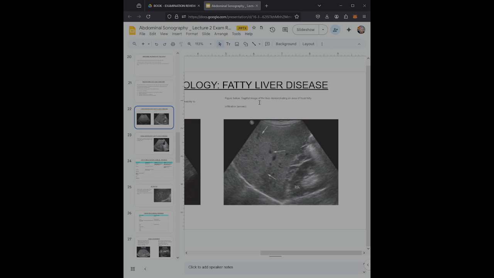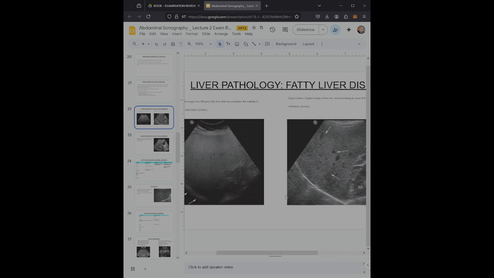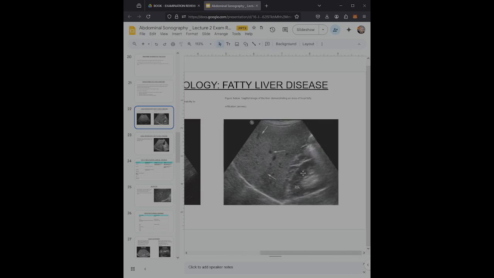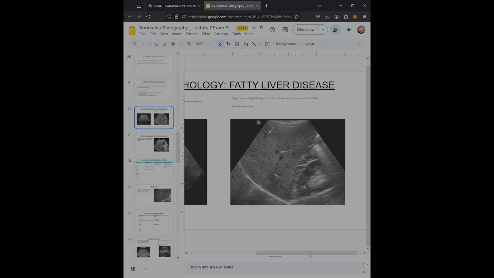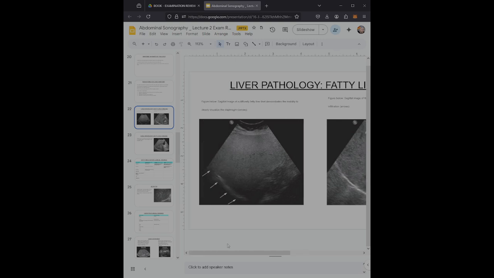Whereas in the other case, this is a liver demonstrating focal fatty infiltration. You can still visualize the kidney over there, and you can visualize the diaphragm. The kidney is quite obscured here.